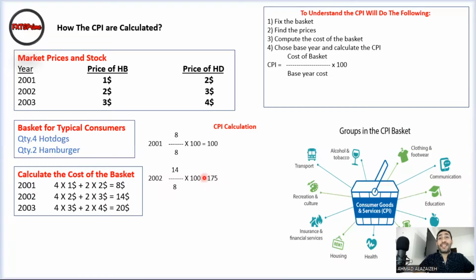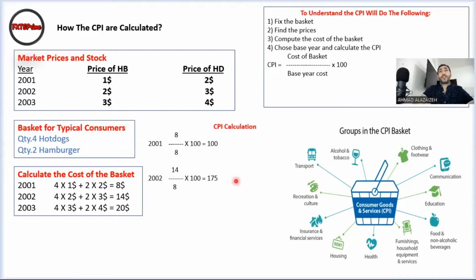So you can see the CPI in 2002 has changed by 75%. How do you know that? By subtracting 100 from 175. In a few moments, I'll give you a simple formula to calculate this properly. So let's go to the next one.